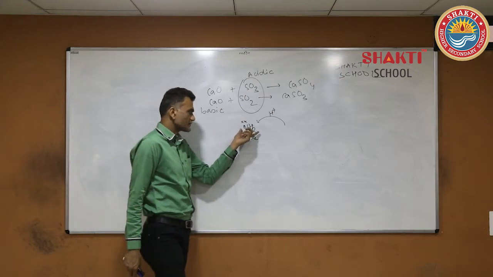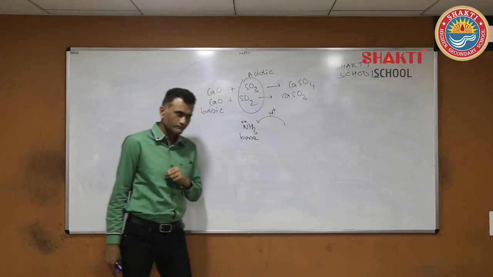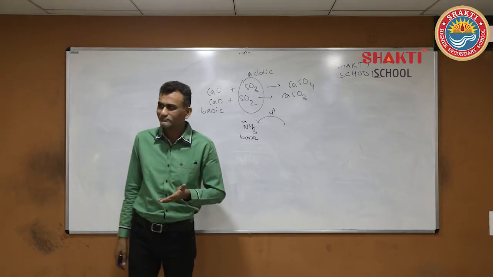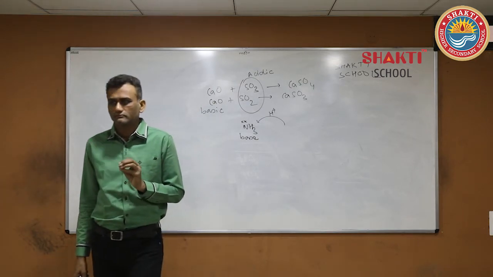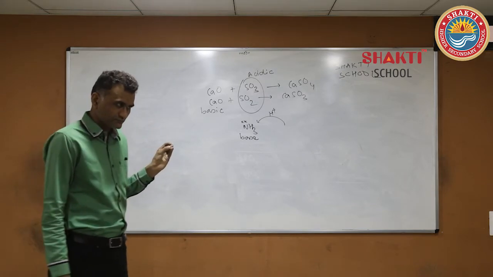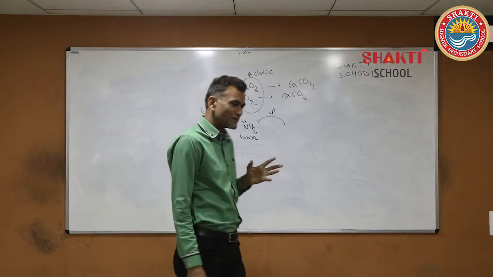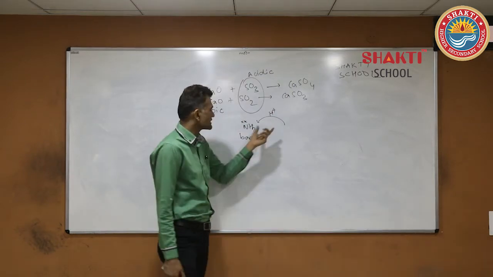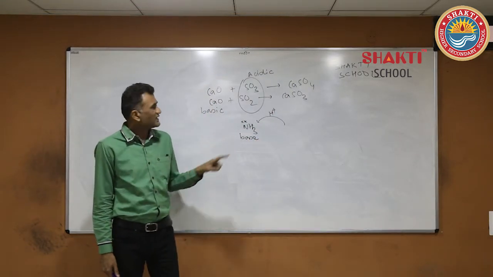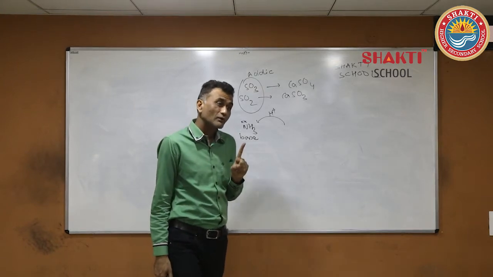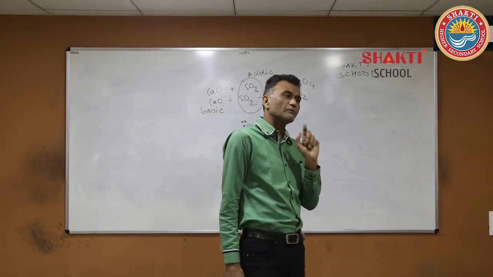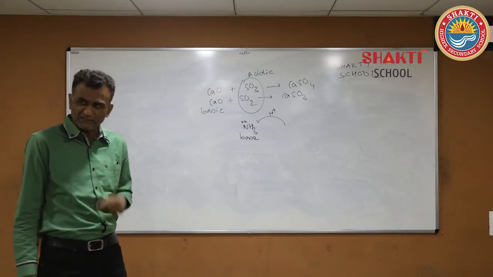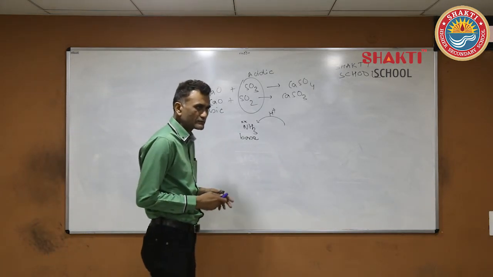Now, a proton doesn't have any electron. So when any substance accepts a proton, it must have at least one lone pair of electrons to donate, and this is the definition of a Lewis base.